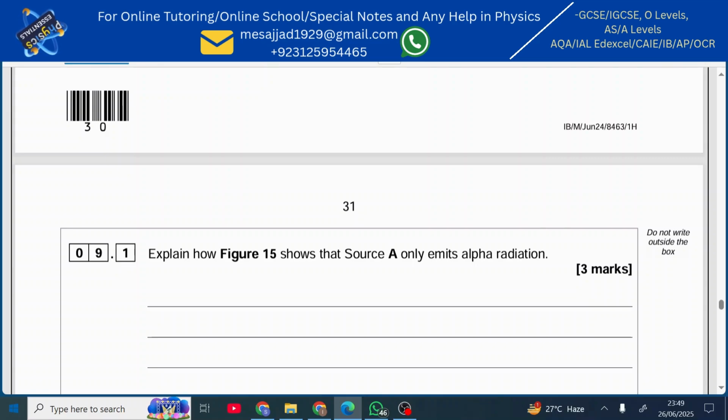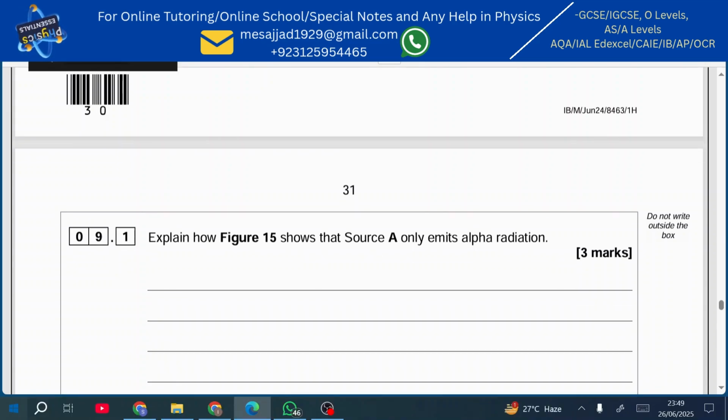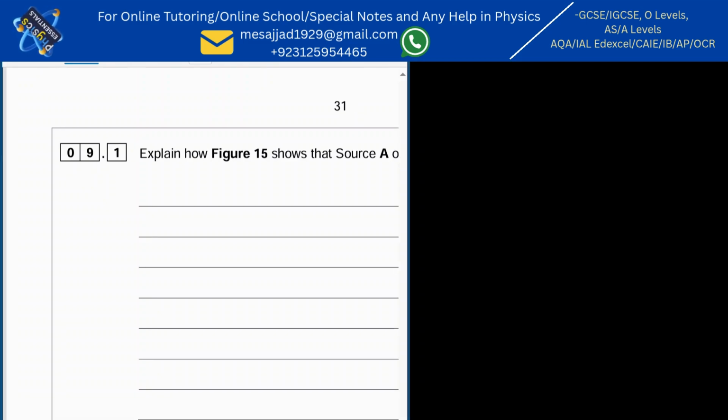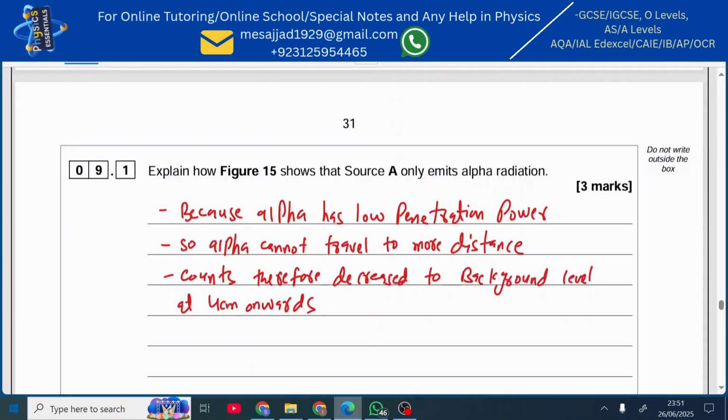And how you need to write this? So this is the answer, because alpha has low penetration power.